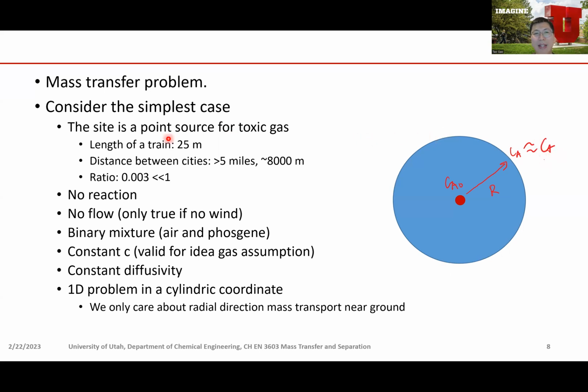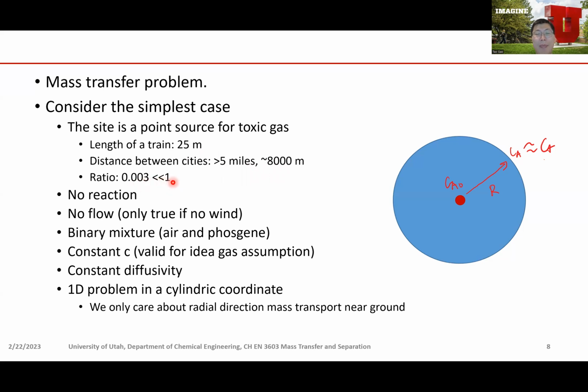So the site can be considered as a point source for the toxic gas, because the length of the train is 25 meters, and the distance between cities is at least 5 miles, which is 8,000 meters. The ratio of the train length to the distance between cities is 0.003, much smaller than 1.